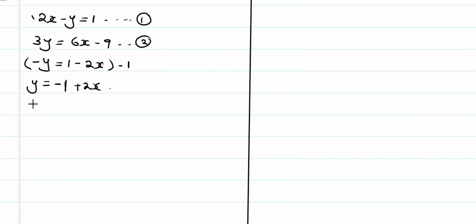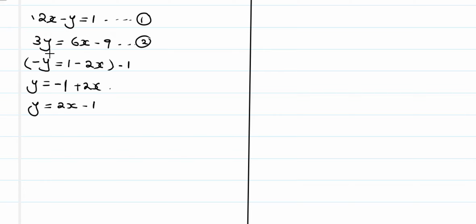So I can write it like this: y is equals to 2x minus 1. And just interchanged, the positive comes first, then the negative on the other side. So from there, we can take this whole solution for y, and then we replace it on equation 2.